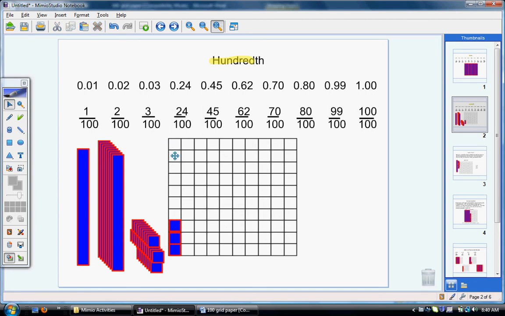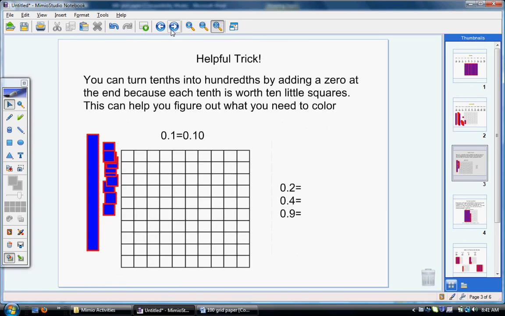If I were to color in 1, 2, 3, and so on up to 24 squares, I would have 24/100ths. So a 100th is just worth this 1 little square right here, because 100 of these would cover up the whole grid.